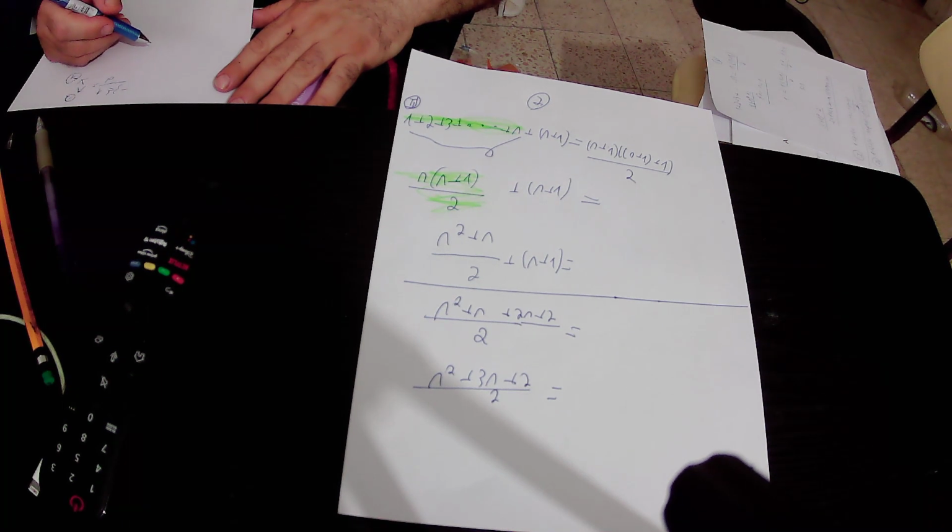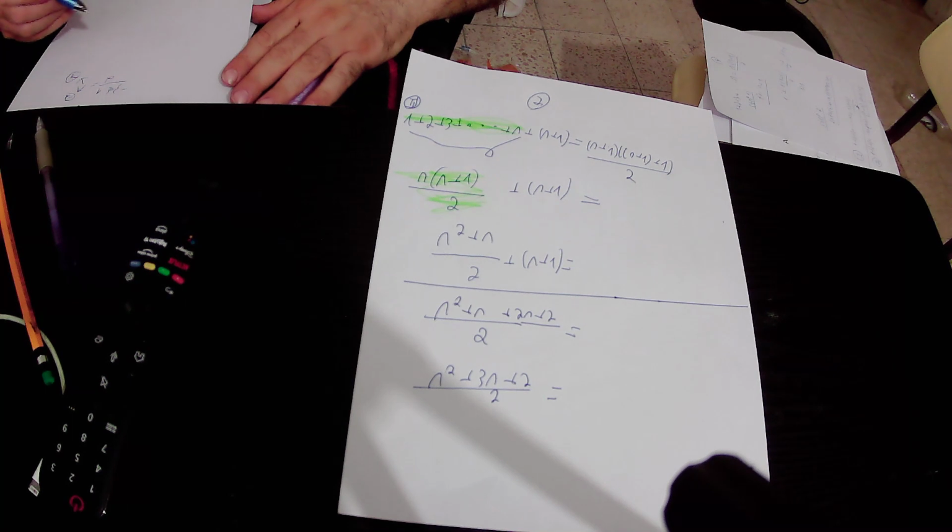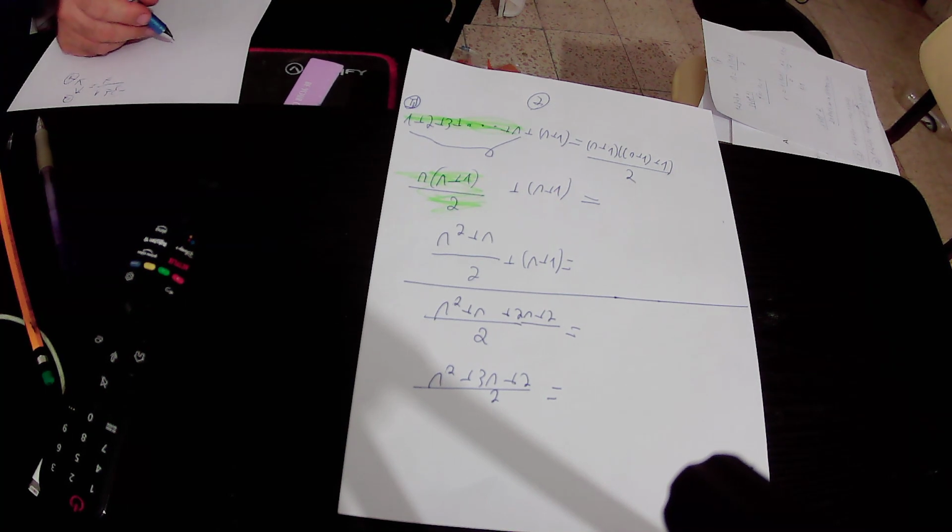So here we can write it as n minus minus 2 times n minus minus 1 equals 0.